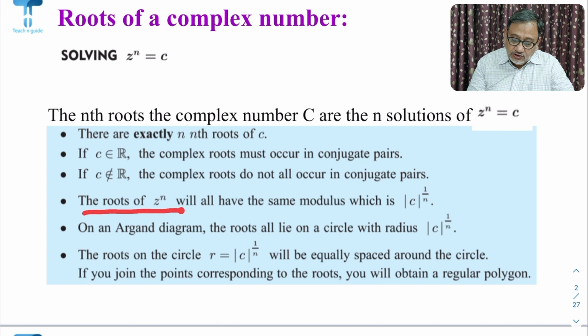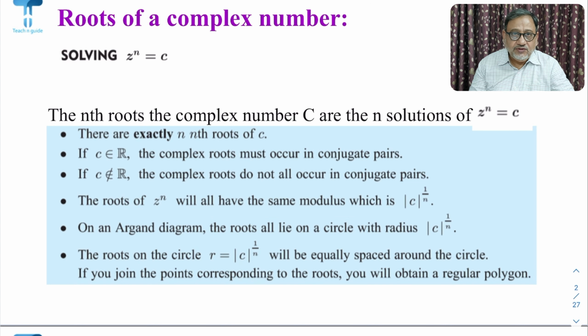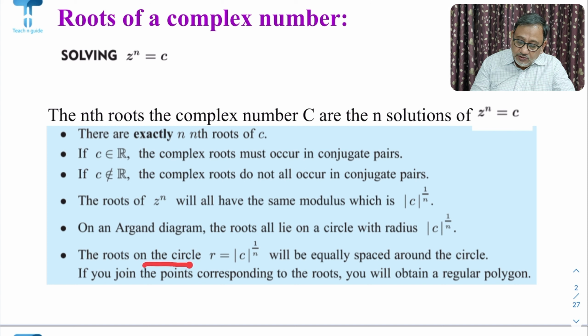Then the roots of z to the power n will all have the same modulus, which is modulus of c to the power 1 by n. All of them will have the same modulus, but the argument will be different. On an Argand diagram, the roots all lie on a circle with radius equal to modulus of c to the power 1 by n, and they will be equally spaced around the circle.